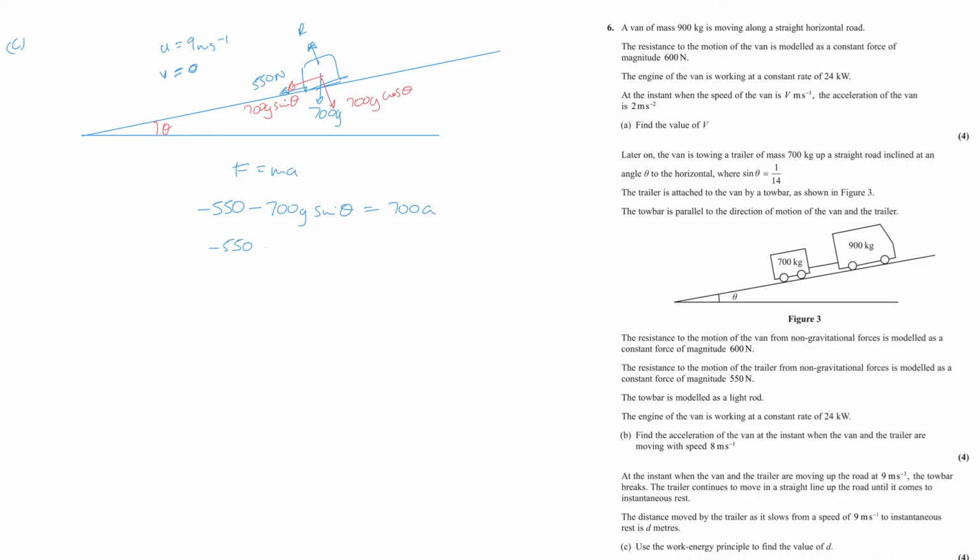So 550 minus 490 equals 700A. So that's minus 1040. So this is minus 52 over 35, or minus 1.49 meters per second squared. So that's the rate it's slowing down.